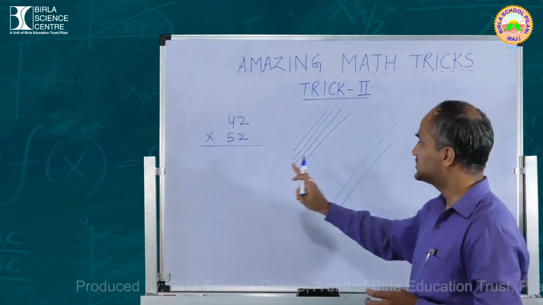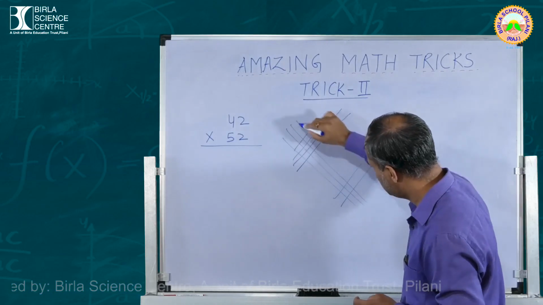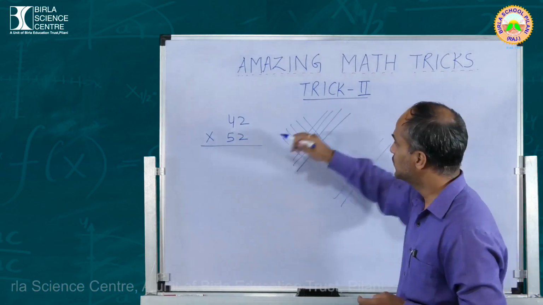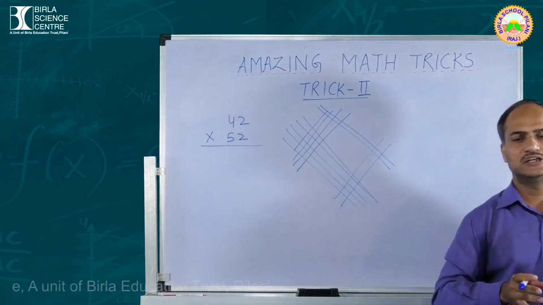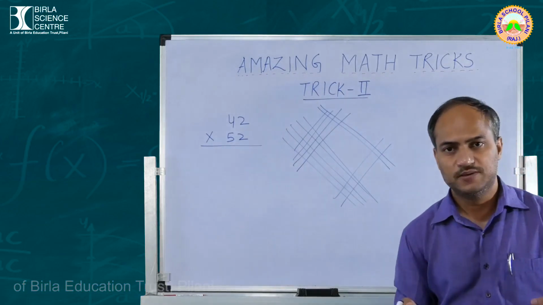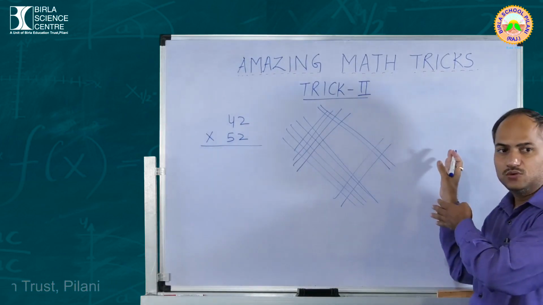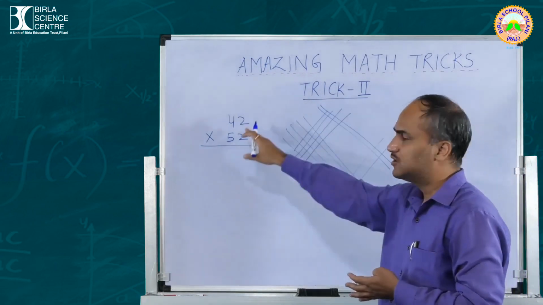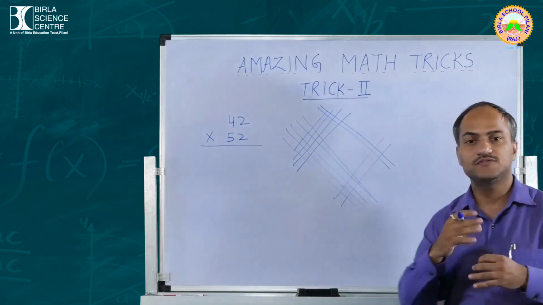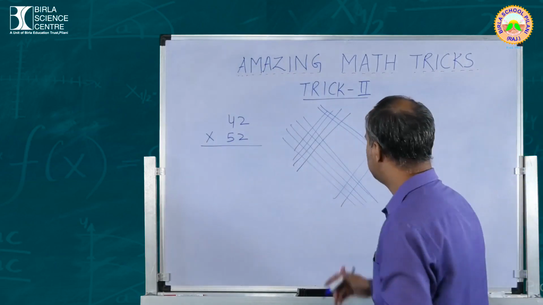And then the next number is 52, so 5 lines we will draw here, and 2 lines we will draw here. Sometimes we feel that drawing lines can be a wastage of time. So you can skip to trick 2. The next trick is also awaiting, by which you can save your time. It is just for understanding how you are getting the values.